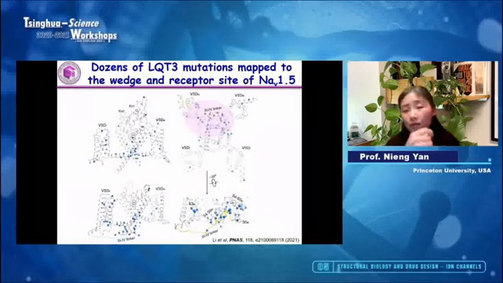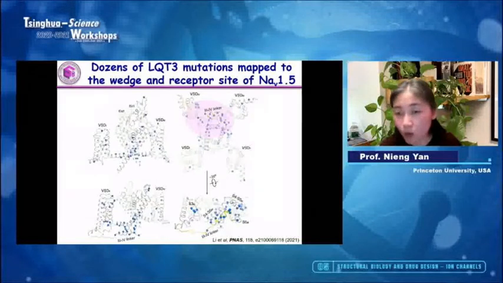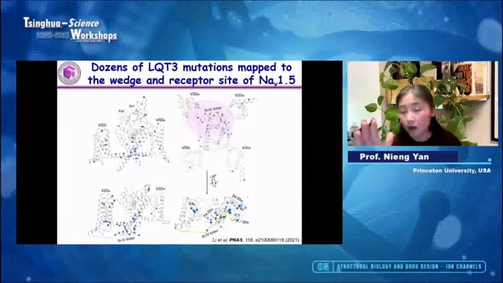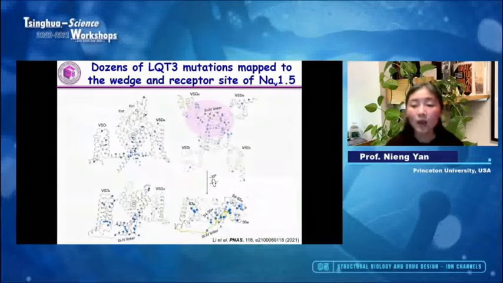Recently we systematically analyzed some disease mutations, and indeed dozens of mutations associated with long QT syndrome in NaV1.5, the cardiac sodium channel, are either directly or indirectly involved in the segments for fast inactivation according to our door wedge model.